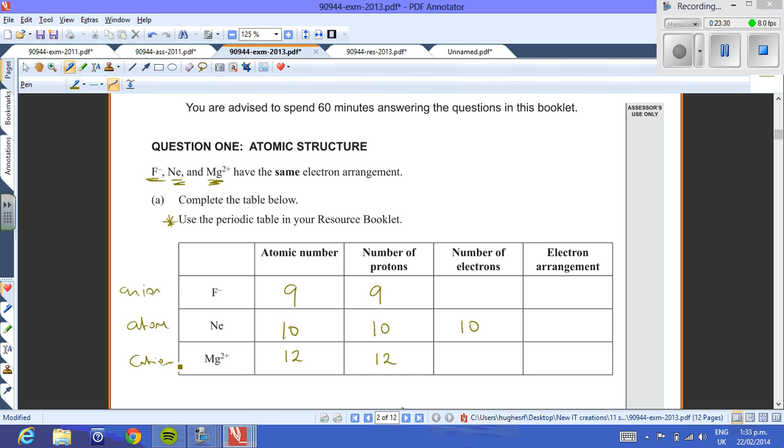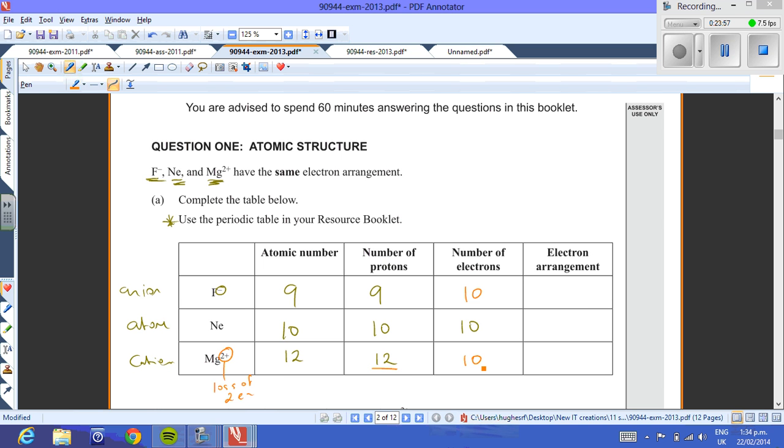The number of electrons for fluoride should be 9, but because it has a negative charge, it means it has gained 1, so it's actually 10. And because magnesium has a +2 charge, which means it has lost 2 electrons, its electron number is 2 less than its proton number, which is 10.